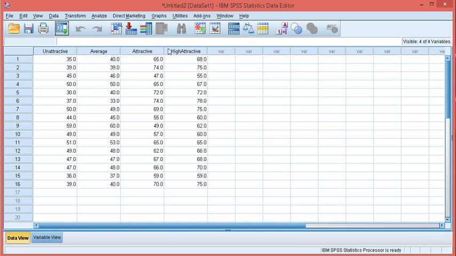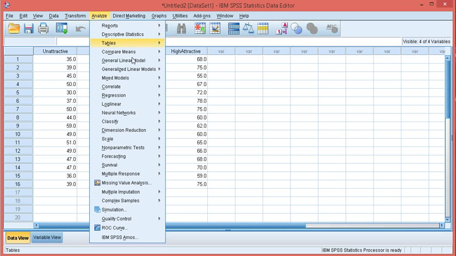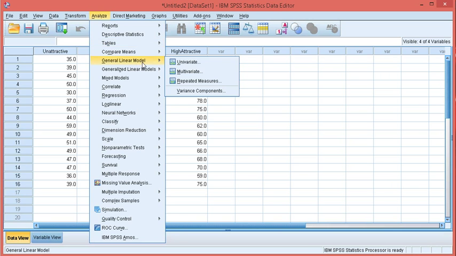So to perform our analysis, let's click on Analyze, and then General Linear Model. Let's choose Repeated Measures.